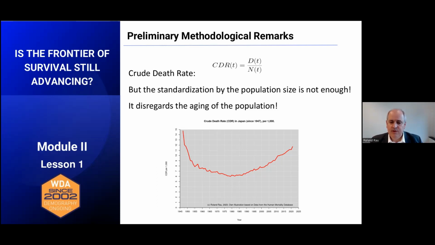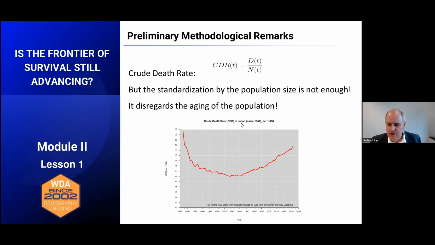The problem is it disregards the aging of the population. That's what I try to sketch here. On the x-axis, you see calendar time, and on the y-axis, you see the crude death rate per 1,000. A value of 15 means, on average, 15 people per 1,000 died.